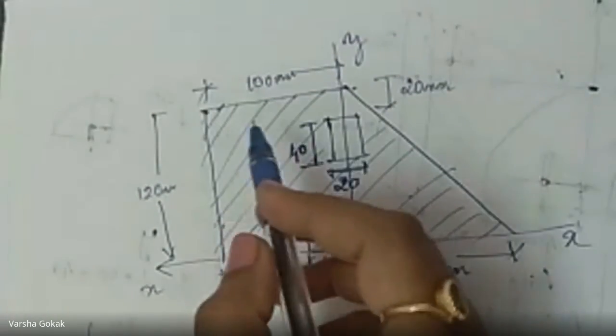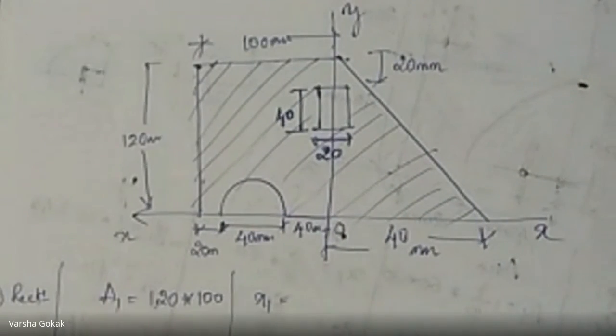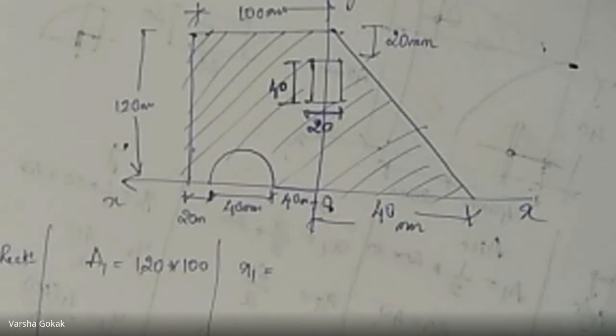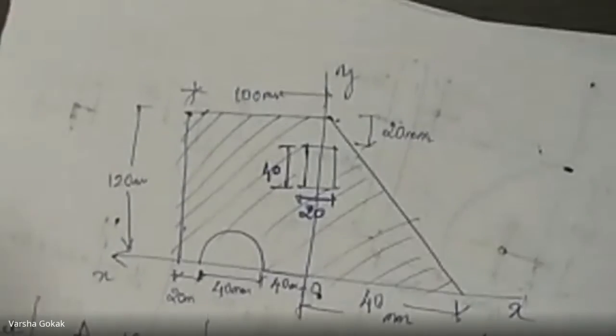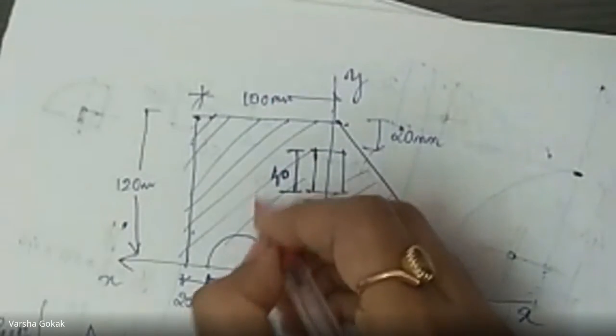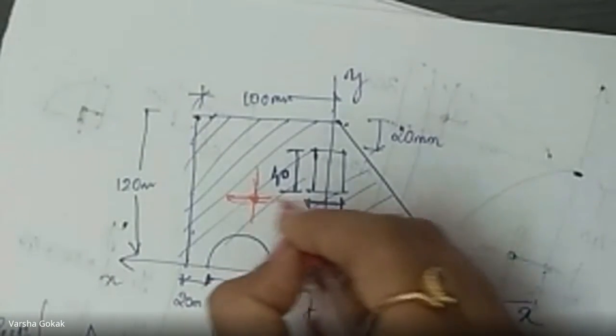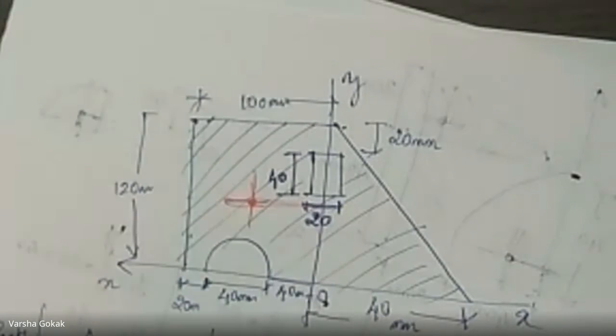What is the x1 for this bigger rectangle? Bigger rectangle CG is exactly here at the center, this point. This is going to be my x1. How much is that value?